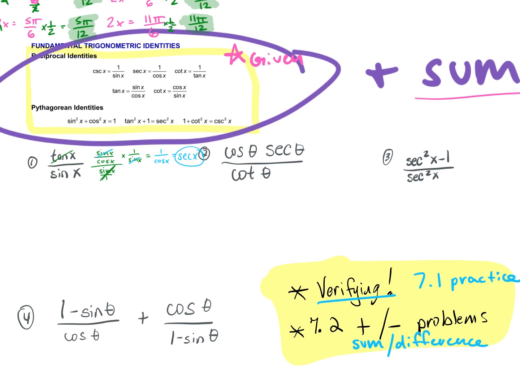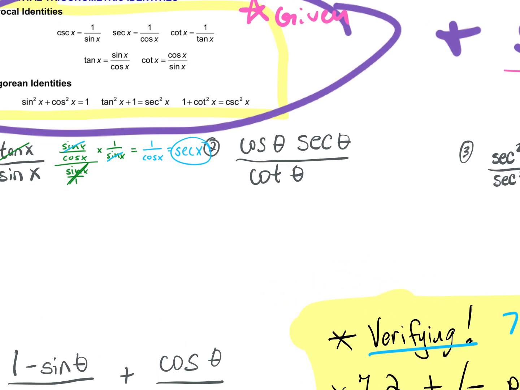So let's do number 2. What can we do first for number 2? So when simplifying, we may want to change everything to be in terms of sine and cosine. So cosine is good. Secant, we can change to be 1 over cosine. So now on top we have cosine theta times 1 over cosine theta over, we can just leave it as cotangent for now.